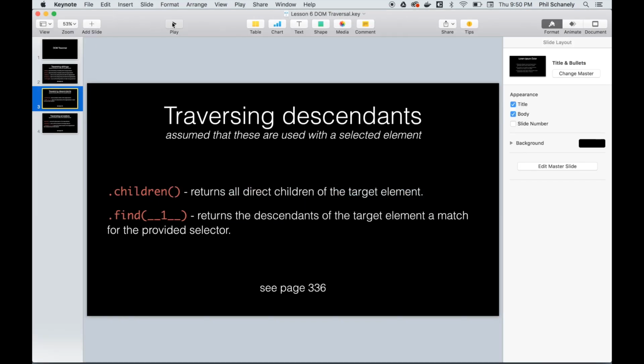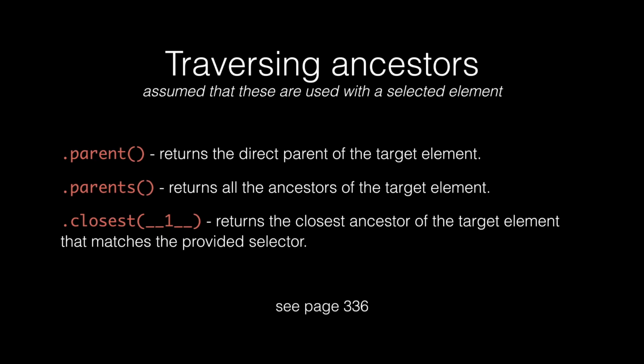All right. Last of all, we have ancestor selectors, and there are 3. We have parent, which returns the direct parent of the target element, so the one parent in this case, and parents returns all the ancestors of the target element. So if we had, say, a header inside of body, and we had selected header and called parent, we would just get body.